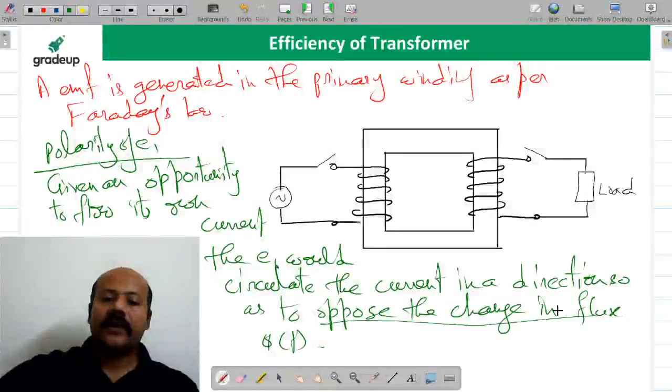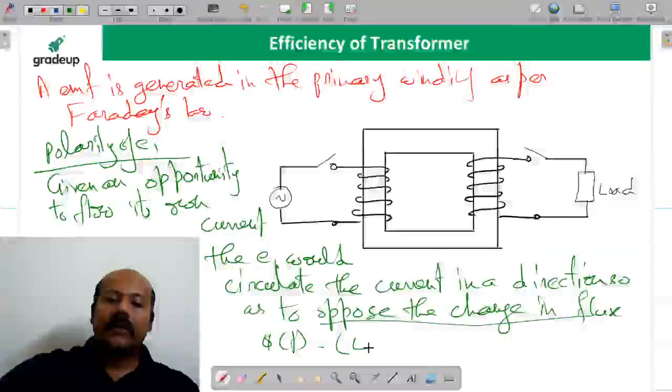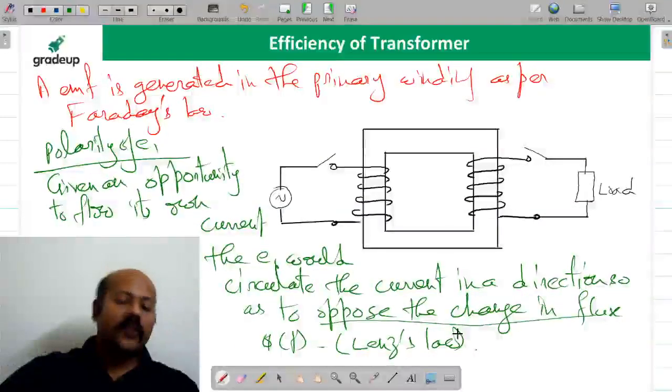This is very important and this is as per the Lenz's law. I hope you are getting this.